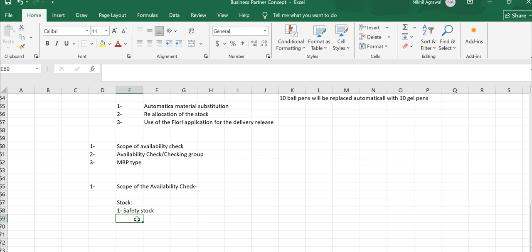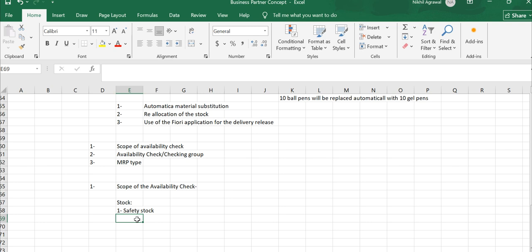So safety stock is an indicator to the company that the inventory level has reached down to a certain stock. It is a minimum stock that guarantees that in case of exigency, the company can use this stock.